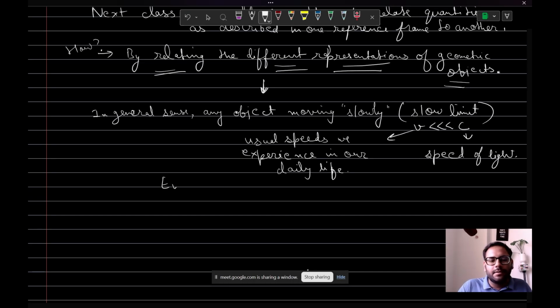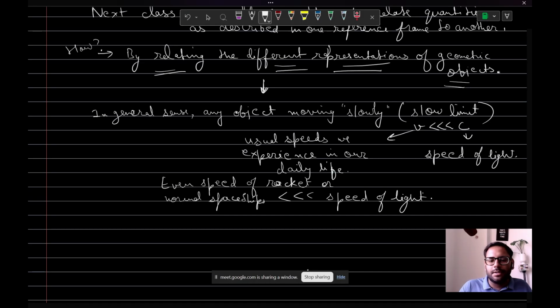Even the speed of rockets or spaceships, normal spaceships, are very, very much less than the speed of light.